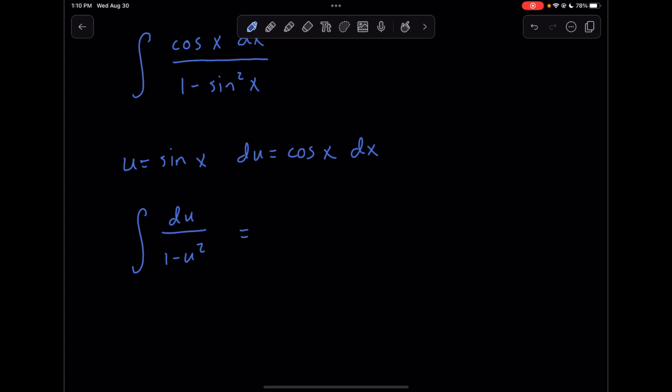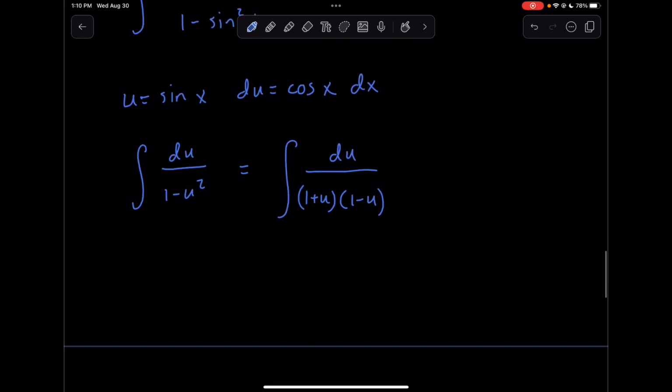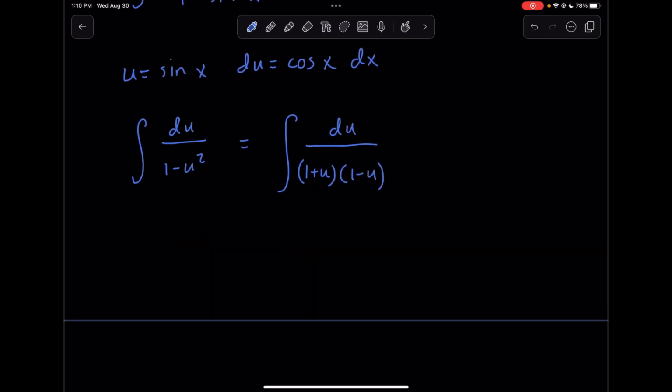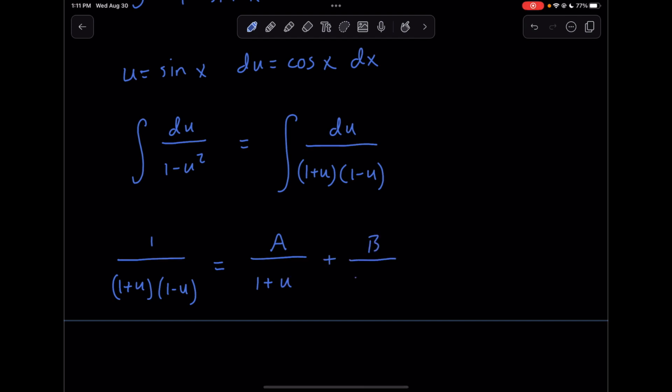Now we can factor the bottom, so we can rewrite this again as du over (1 plus u) times (1 minus u). We're going to do that so that we can use partial fractions to solve from here. So let's set 1 over (1 plus u)(1 minus u) equal to a over 1 plus u, plus b over 1 minus u. We're going to be solving for a and b here.